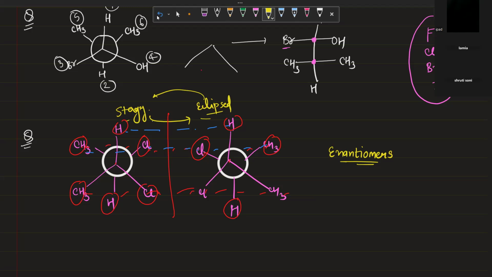Do you have any doubt in Newman, like how we convert Newman into Fischer? With regards to the other documents, which ones are higher priority? The first one is the four stereochemistry answer key medium PDF.